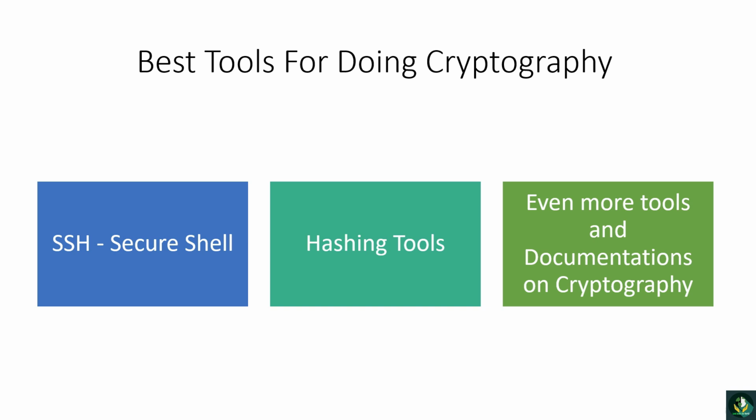We're going to use the SSH tool on a Kali Linux machine for testing purposes, and also use hashing tools for doing some cryptography. We're also going to use more tools and documentation on cryptography other than these two, which are SSH and hashing tools.